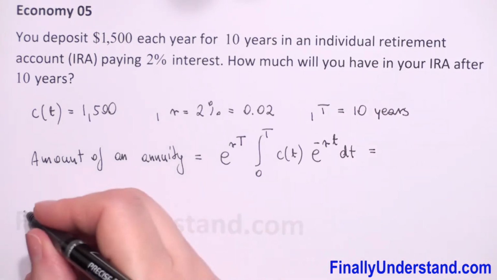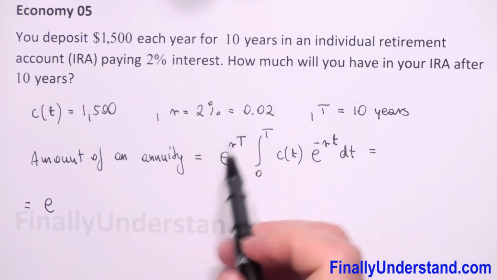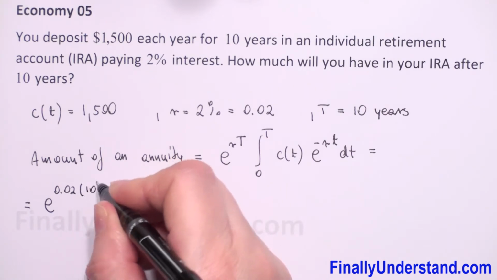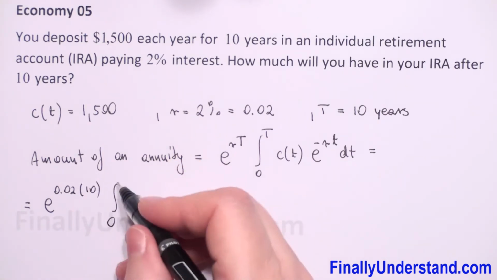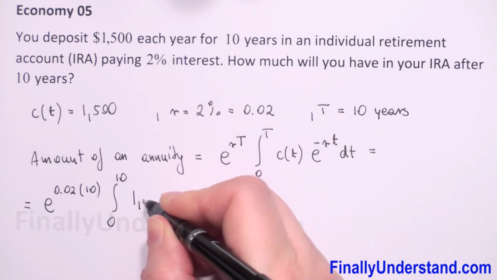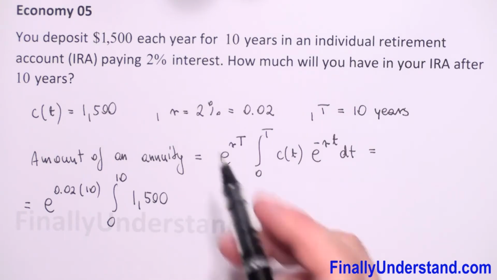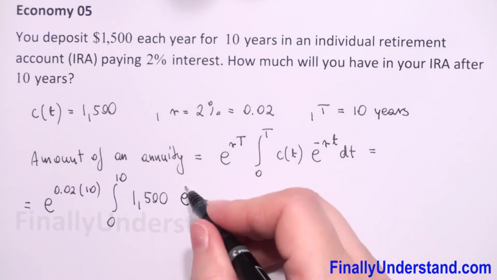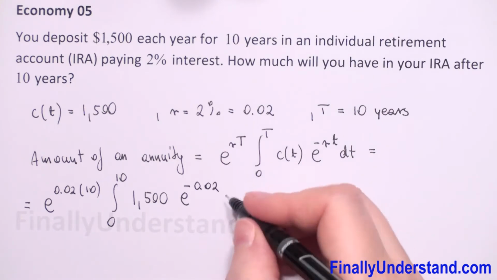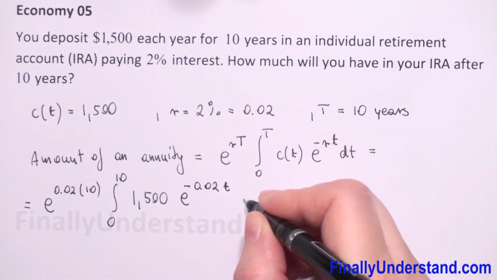So this is equal to e to the power 0.02 times 10, integral from 0 to 10, definite, and C of t in this example is 1,500, our deposit money, times e to the power negative 0.02 t, with respect to t.